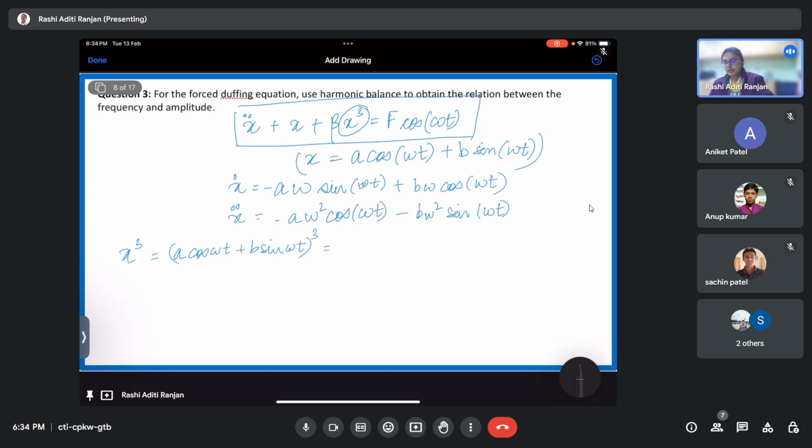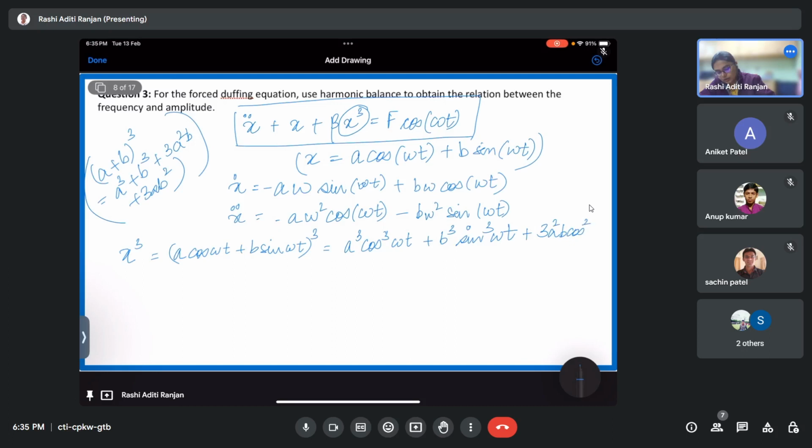By the relation a plus b whole cube equals a cube plus b cube plus 3 a square b plus 3 a b square, we can find that it will be a cube cos cube omega t plus b cube sine cube omega t, then plus 3 a square b cos square omega t sine omega t, and plus 3 a b square cos omega t sine square omega t.